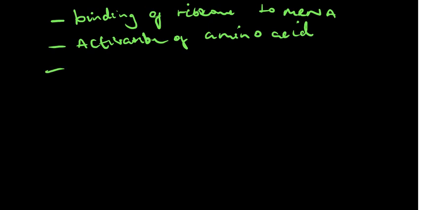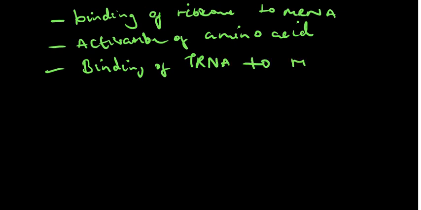The next thing is that this activated tRNA binds. So we have binding of tRNA, to be specific, activated tRNA, to the ribosome complex. I'm calling it a complex because this ribosome is attached to messenger RNA.